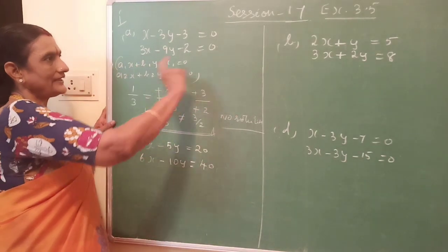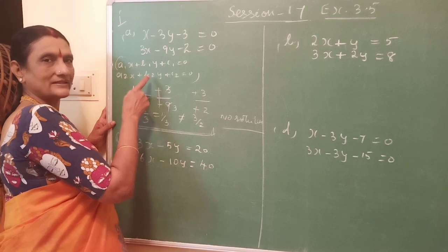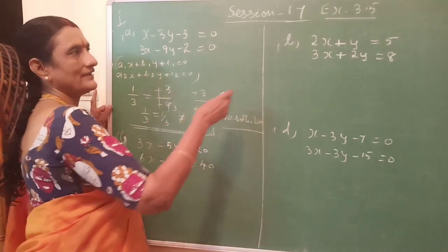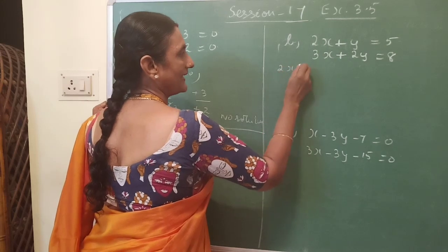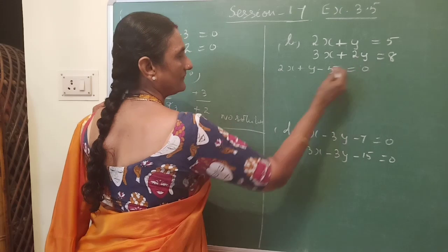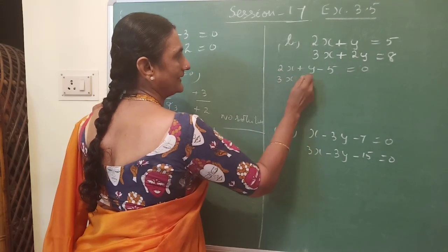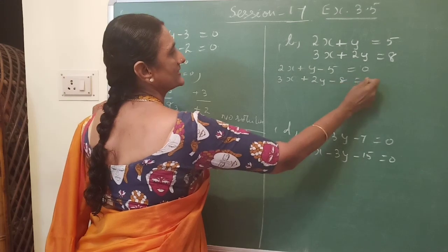Now identify that with the original standard form of the equation. Here the 5 has to come to this side. So you must rewrite the equation first in the standard form. Then only you should apply the ratios to get their values.